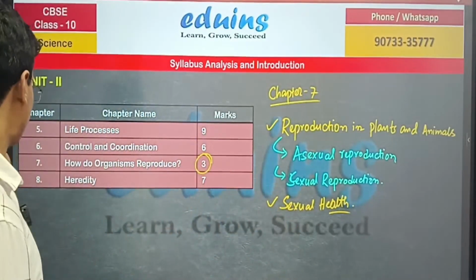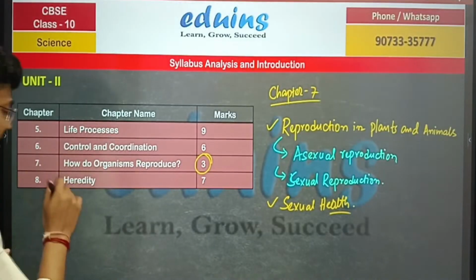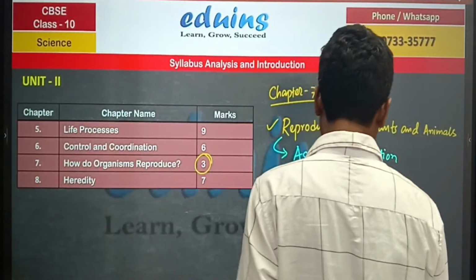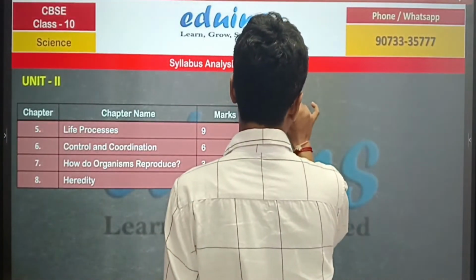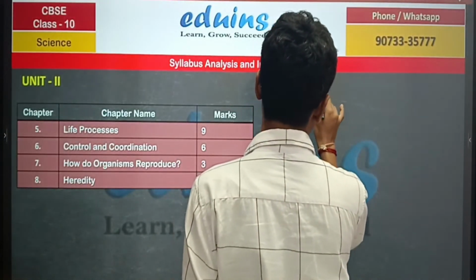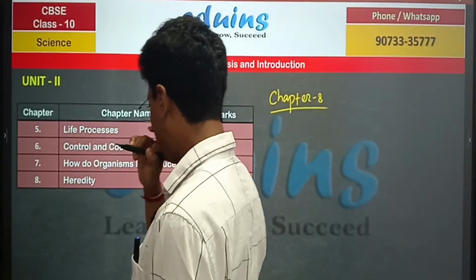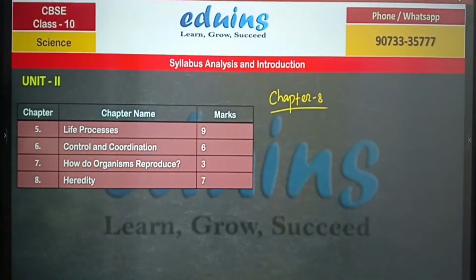Unit 2. Okay, the next chapter and the last chapter of unit 2 is chapter 8, which is named heredity.